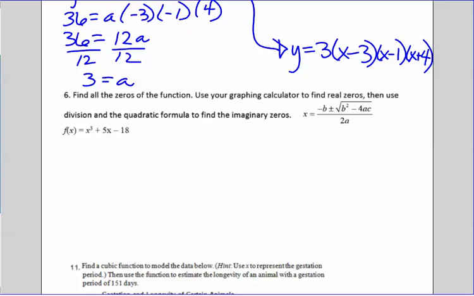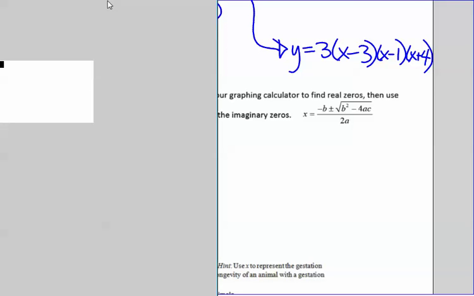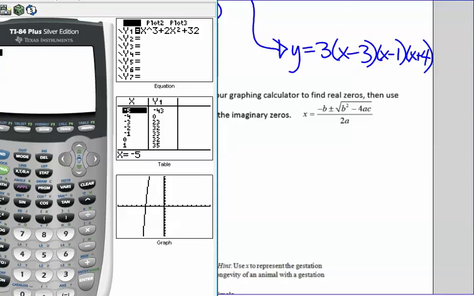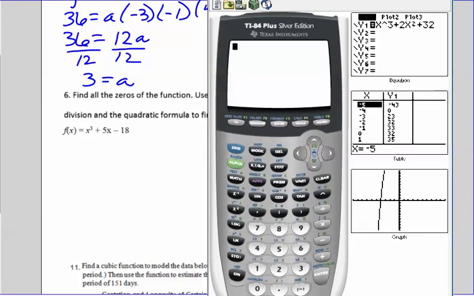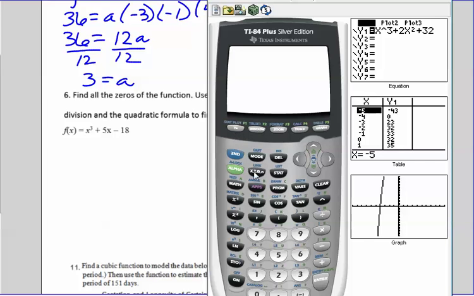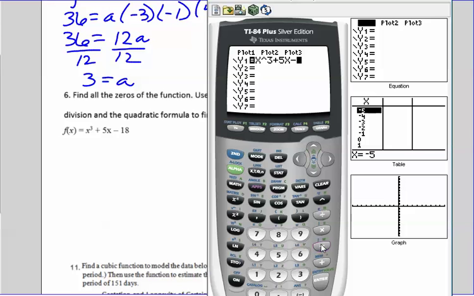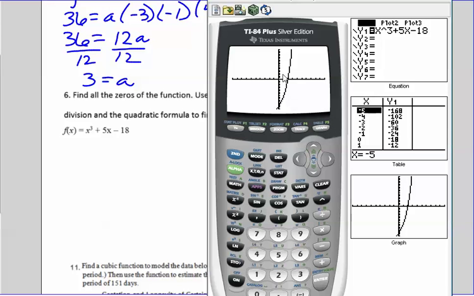So I'm going to pull up the calculator and press y equals, and put in x to the third plus 5x minus 18. And when you graph it, you see that there's one real zero and it's 2.